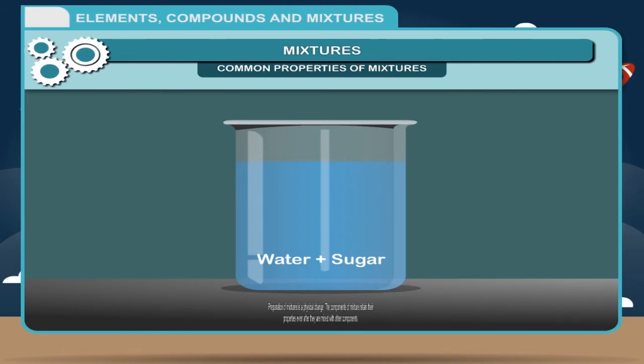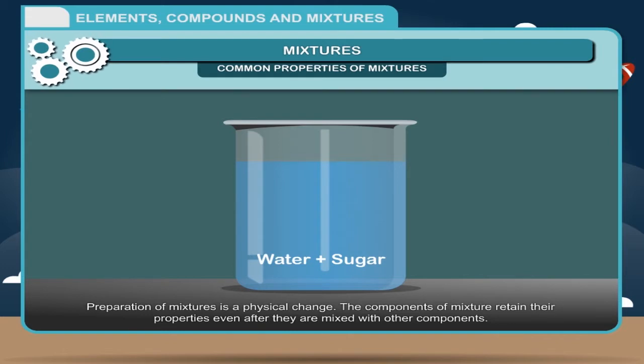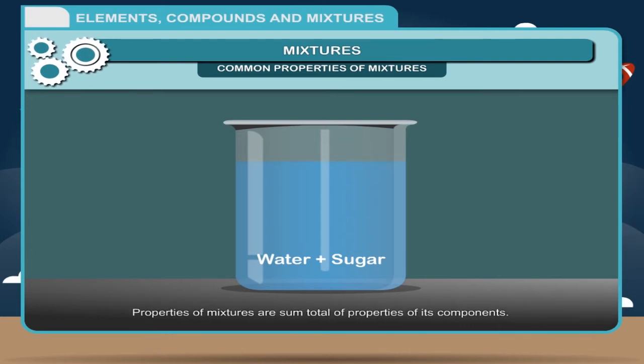2. Preparation of mixtures is a physical change. The components of a mixture retain their properties even after they are mixed with other components. 3. Properties of mixtures are the sum total of properties of its components.